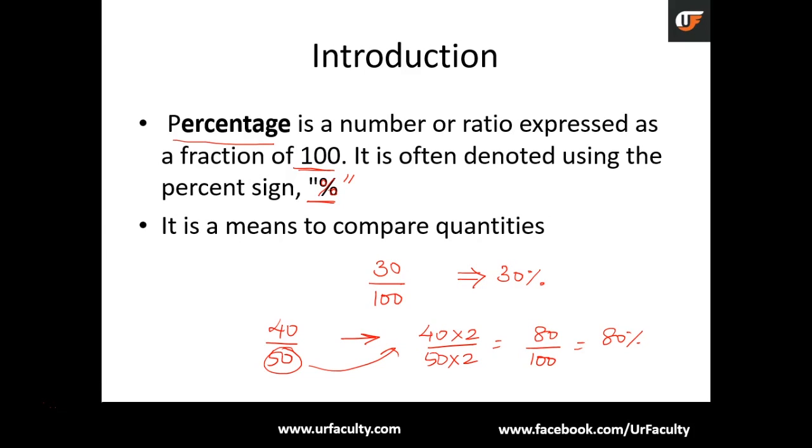If a student scores 40 out of 50 and another student scores 85 out of 100, you have a means to say that this student scored 80% whereas this student scored 85%. So percentage helps you compare values against other quantities of the past or of the same level.